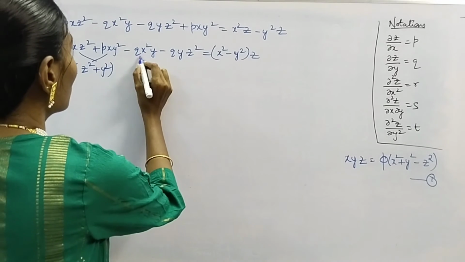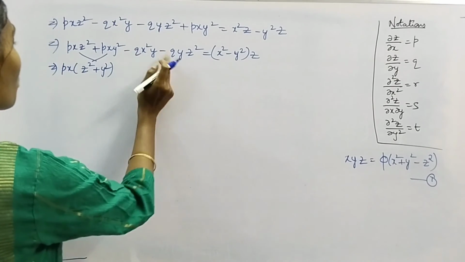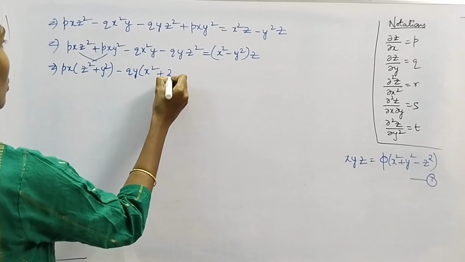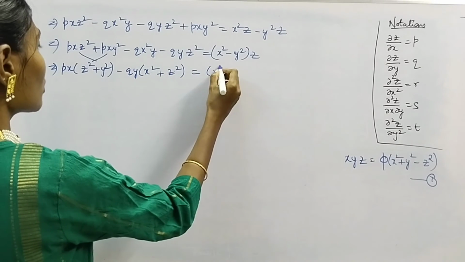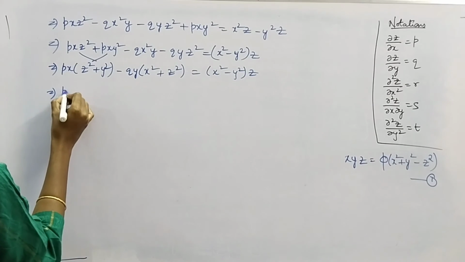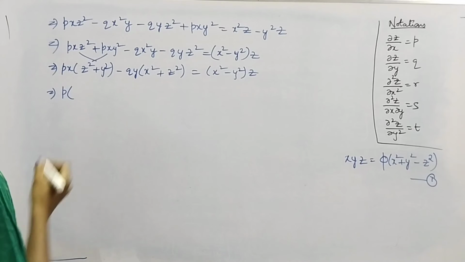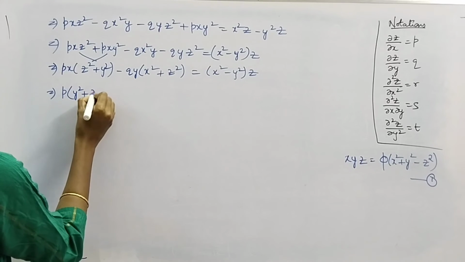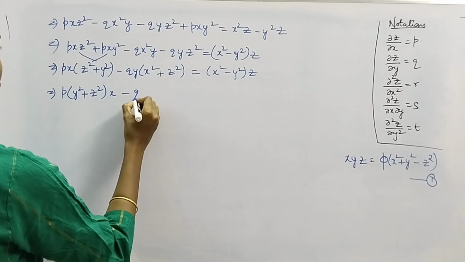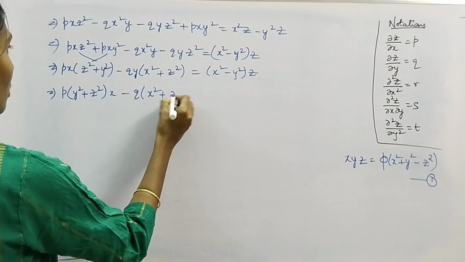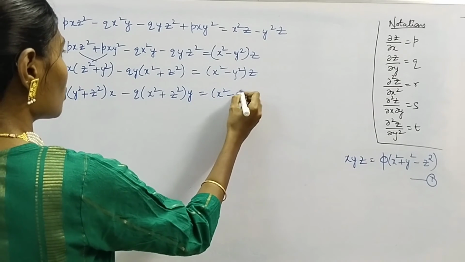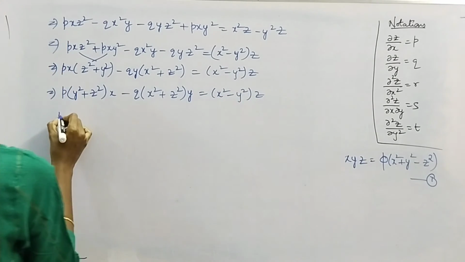And here qy is common in both the terms, and also minus. Take qy common, you'll get qy times x square plus z square equal to x square minus y square into z. We can write this as p into y square plus z square into x minus q into x square plus z square into y equal to x square minus y square into z, which is the required partial differential equation.